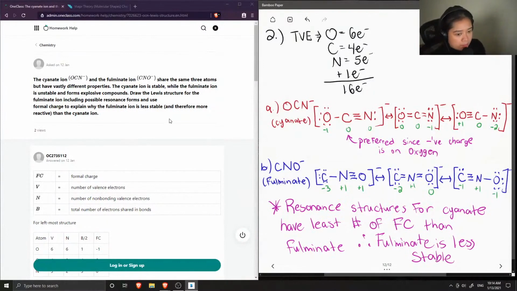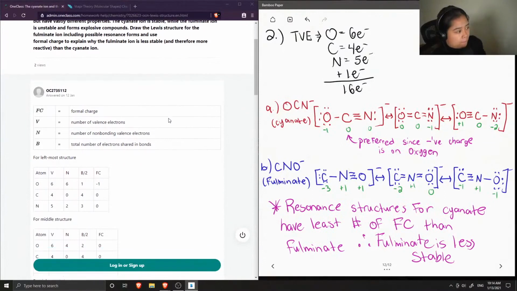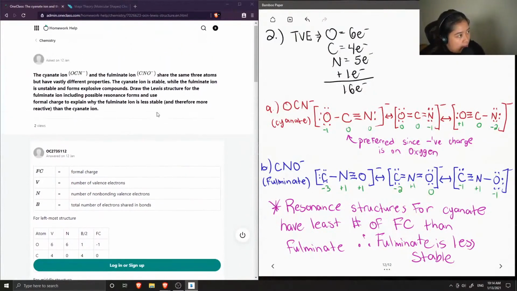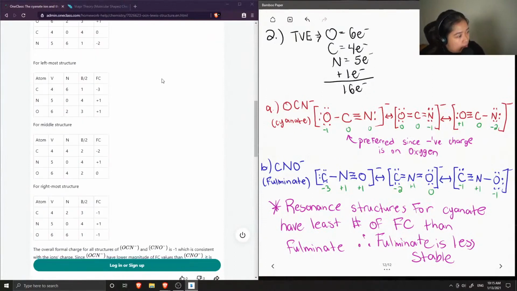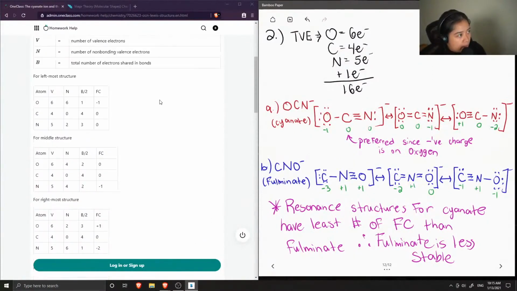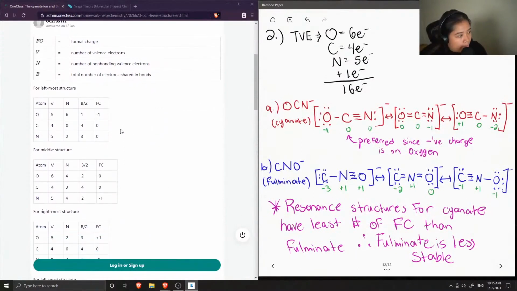Okay, so now let's see what the junior tutor said. Okay, so they just denoted what all of their terms mean, and they calculated formal charge. It looks like the structure should be here, but they're not. But let me just look at their formal charges.